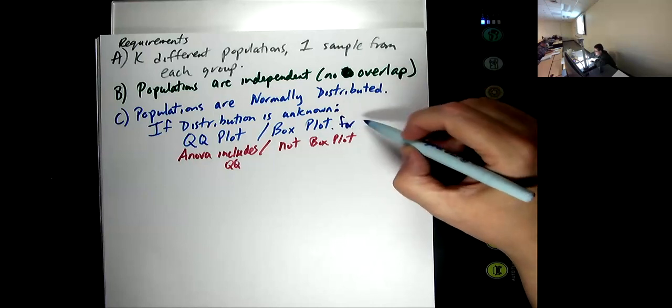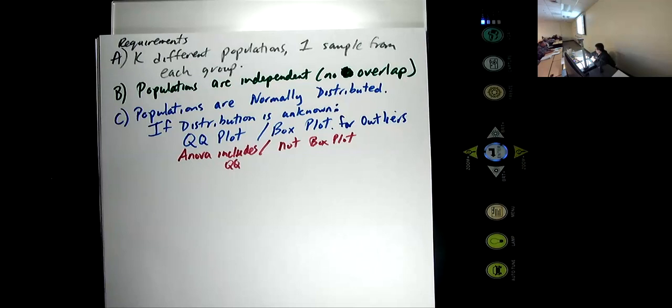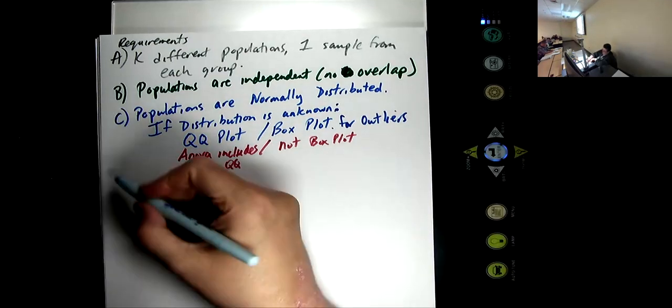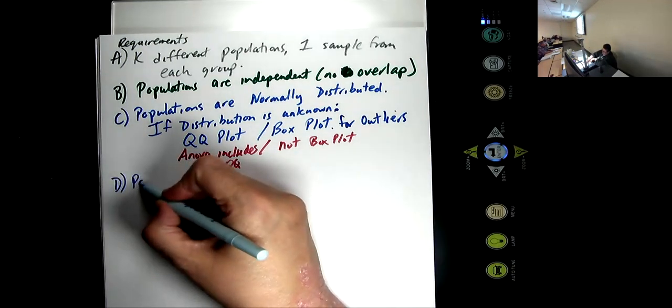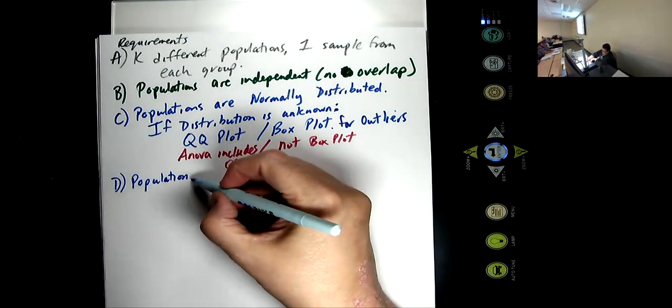This is all stuff we've seen before, like in chapter 4. We want it to look like a line. And the final requirement is populations need to have the same variance, or at least approximately the same variance.